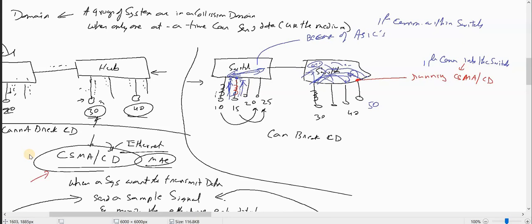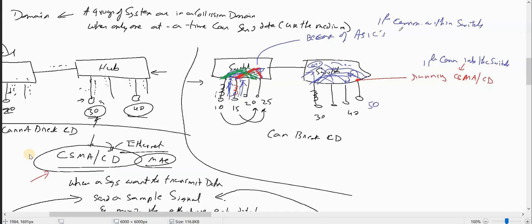In today's world, physical circuitry is there through the motherboard to all the other ports. That's why when 10 is communicating to 20, parallelly 15 can communicate to 25. Absolutely no problem, because this will be going on a separate circuit physically on the motherboard, and this will be going on a completely separate circuit.